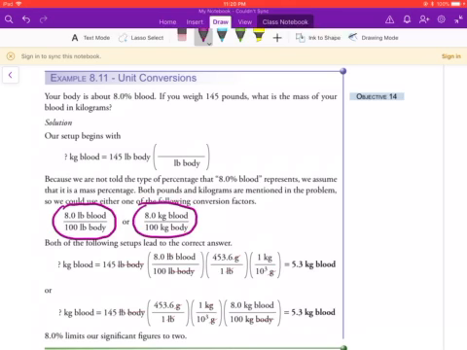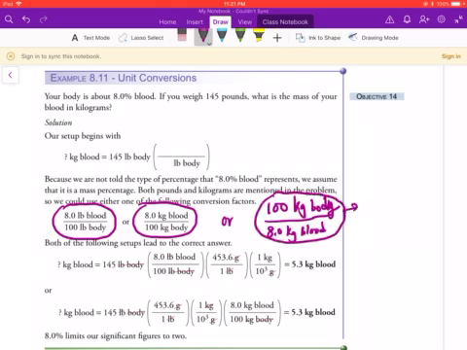You could use it to go from total to part, or rewrite it as 8.0 kilograms blood from 100 kilograms of body weight. It depends on the question. These will be later examples.